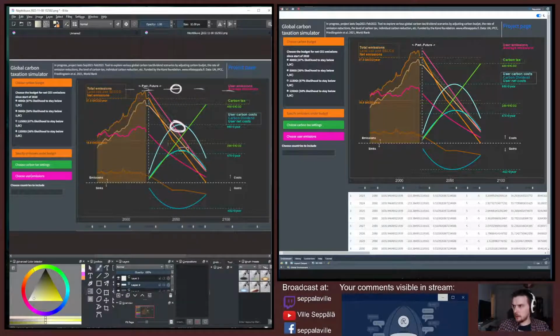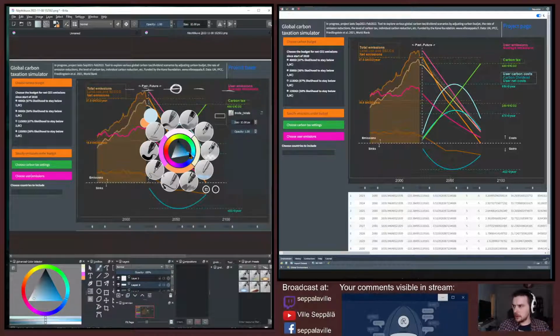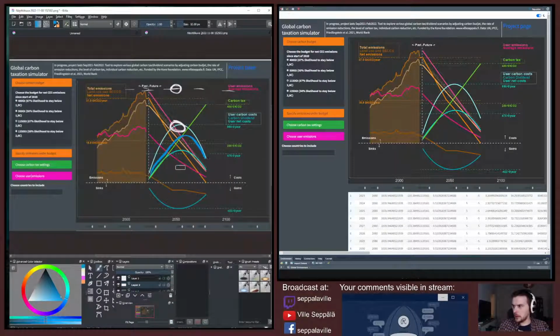In the currently published version, the carbon dividend is drawn here between those graphs. If we keep drawing it here, and we have cases with very small user emissions, the negative values will be very big, and half of the size of the graph is going to go to those negative values.